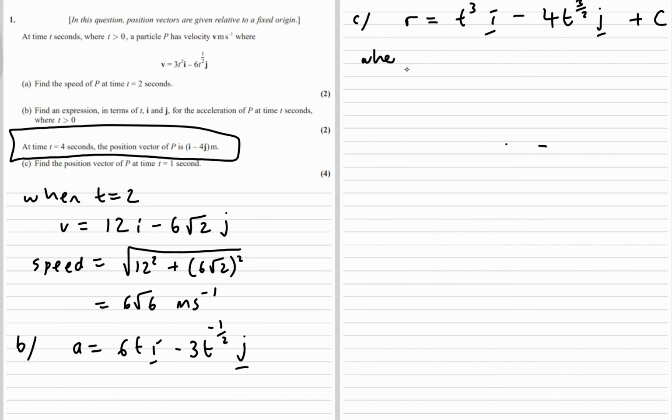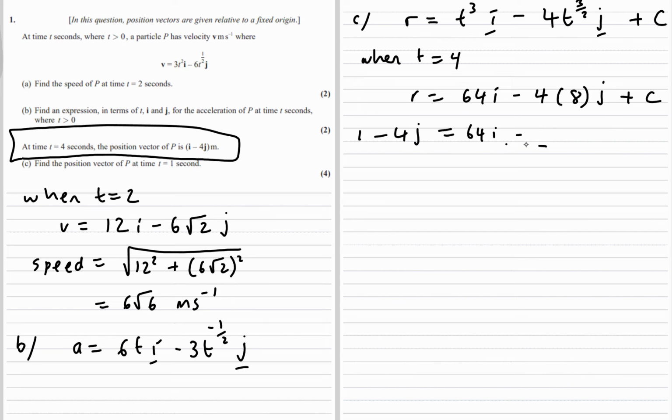So when t equals 4, the position is 4 cubed, so 64i, minus 4 times t to the power of 3 over 2. So 4 square rooted is 2, cubed is 8. That's 4 times 8j, and we've got plus c.